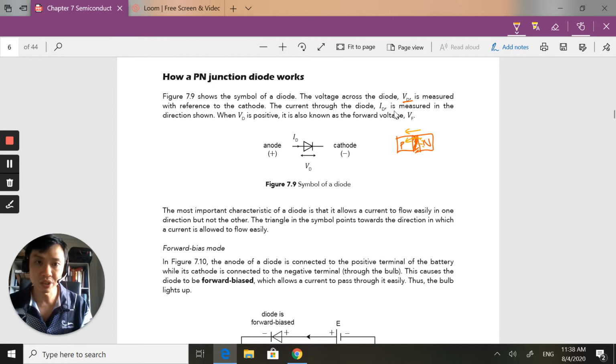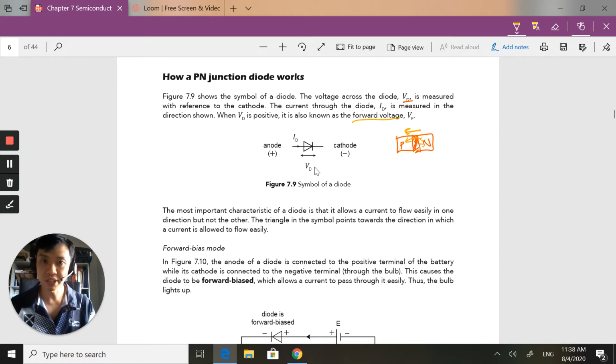This is called the knee voltage or the forward voltage. I need some extra energy, the voltage, to pull them across the depletion region. If not, the depletion region is going to be like a barrier to prevent them from going over. There needs to be some external energy source to pull them across.